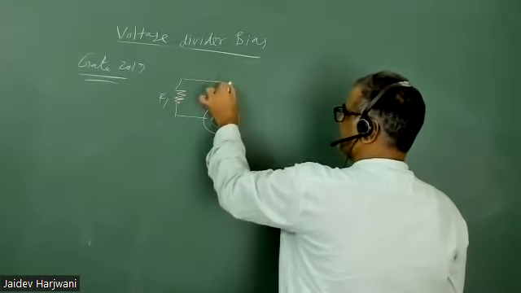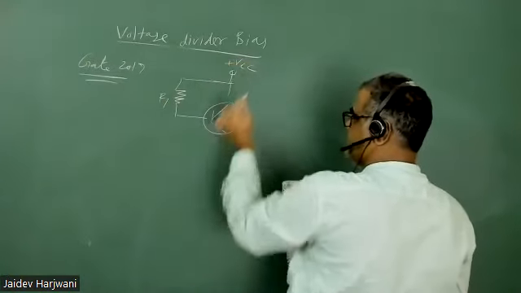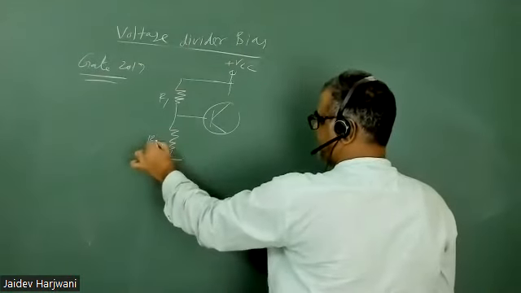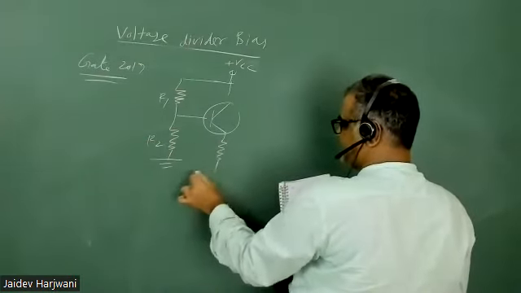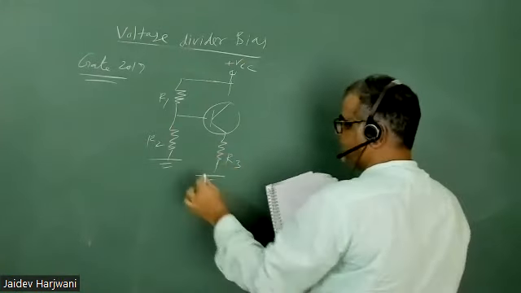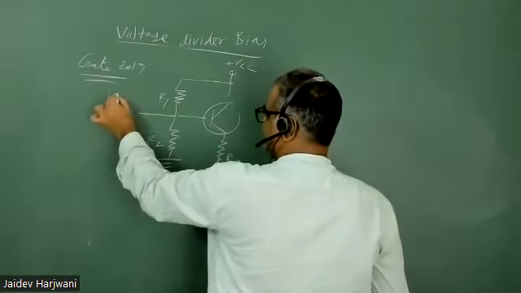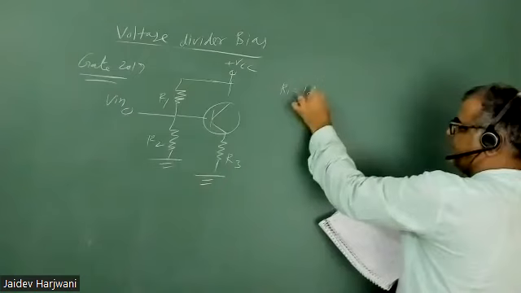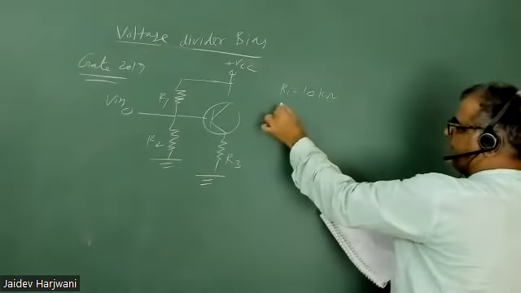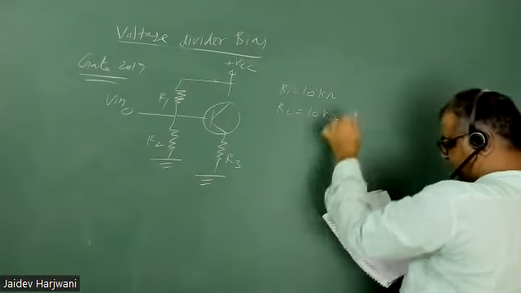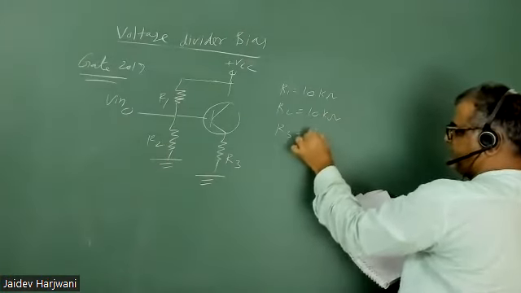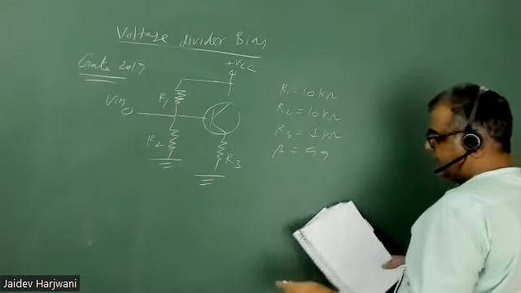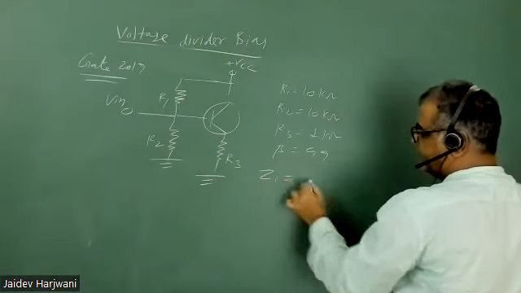R1 is given and VCC is given, and then R2 is given, and then R3 is given, and there is a V input. Now R1 value is 10 kilo ohm, R2 value is 10 kilo ohm, R3 value is 1 kilo ohm, beta value is 99. They are asking what is the value of ZI?